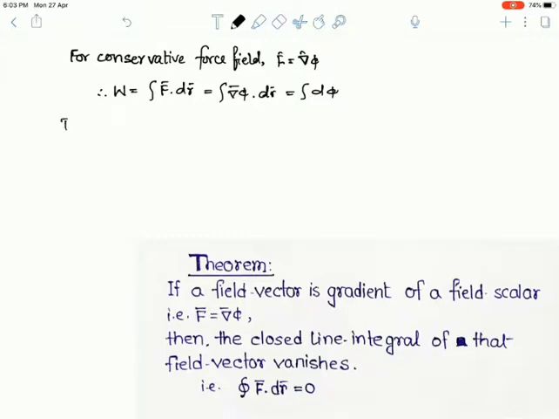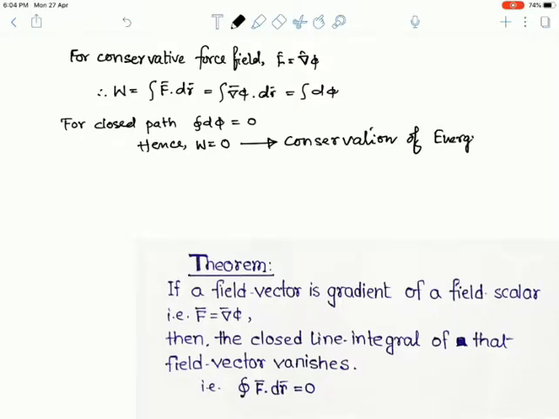If we take a closed path, then for a closed path integration of d phi equals 0, which means the total work done in a closed path is 0. That indicates conservation of energy. The corresponding F is called a conservative force.